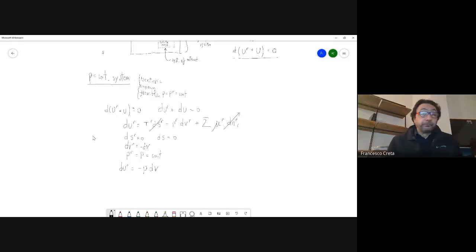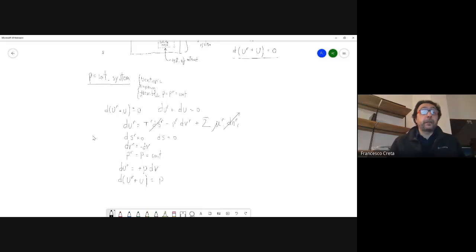And so, if we go back to our condition of equilibrium, which was the change in the total internal energy, this can be expressed as dUR, which is minus PdV. In fact, sorry, there is a plus here simply because there's a minus here, right?